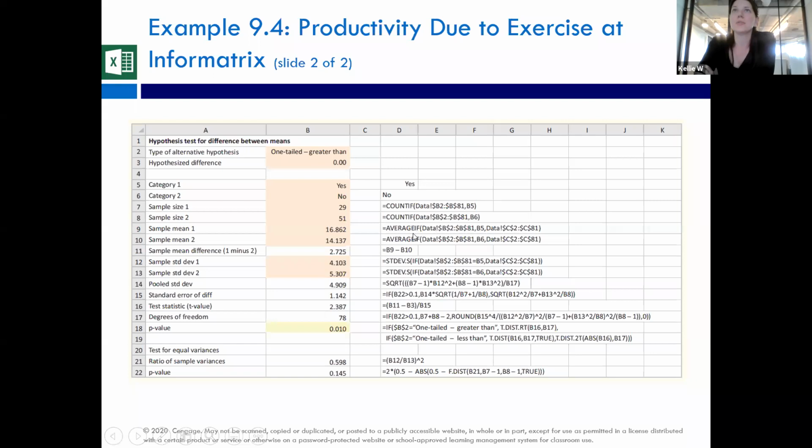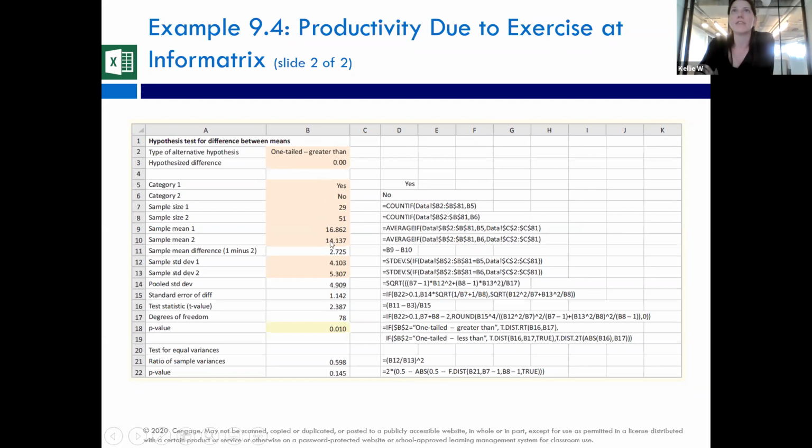Then we can do these sample means for each population. So here's something to note. Just like we do this count if formula, we also have an average if formula. So in this case, we're saying take the average of the data for the productivity ratings if the criteria that they exercise equals yes.